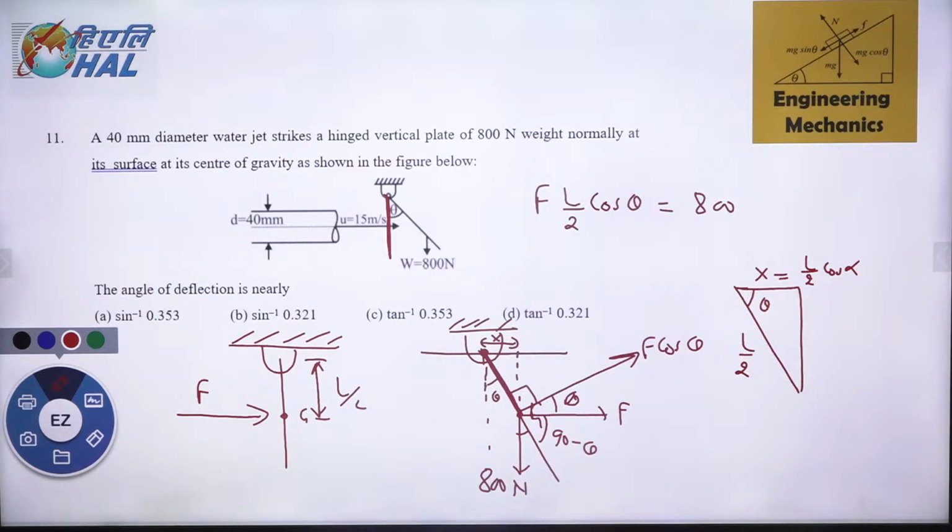L by 2 cos of theta. So how much are you getting? Are you getting something similar to this value or something else? Just check it out.